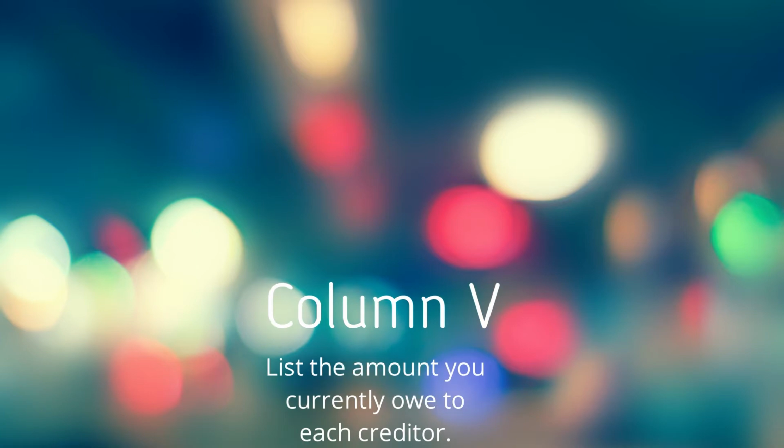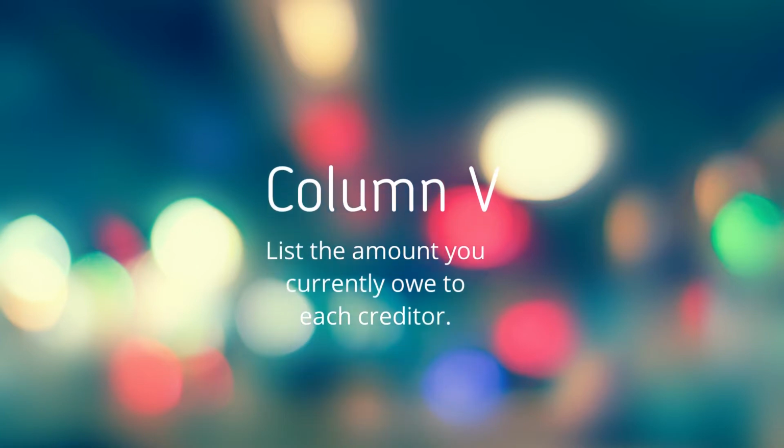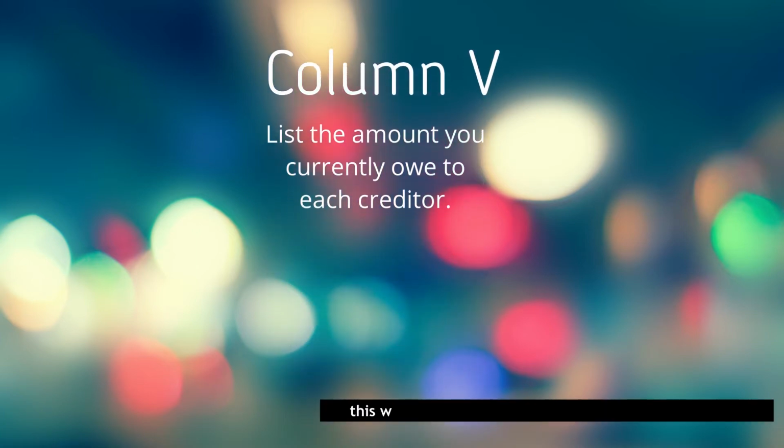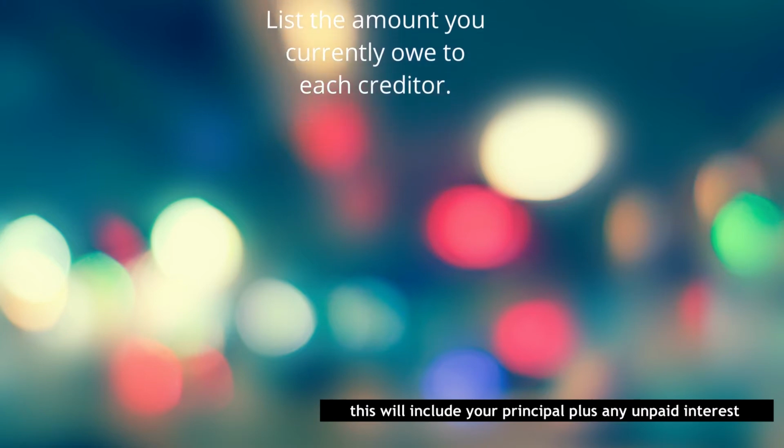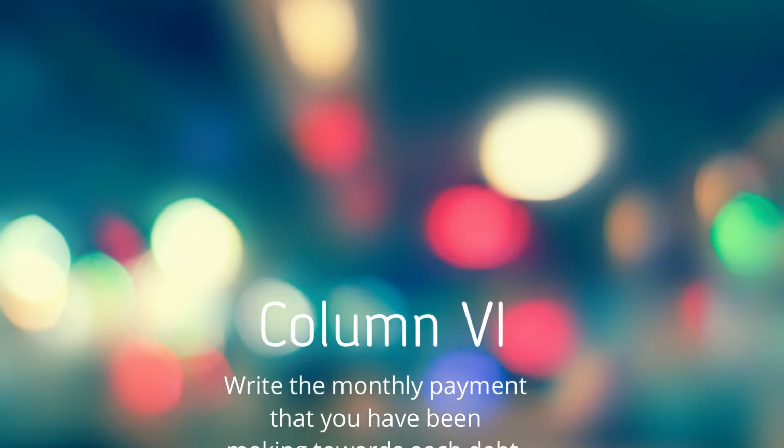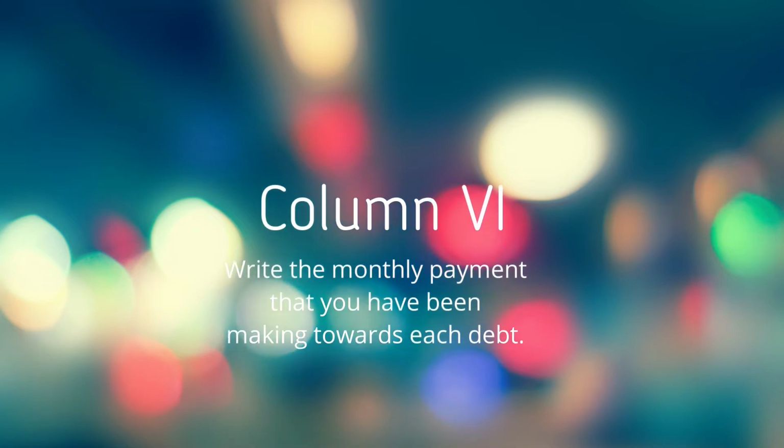Next to the account number, you are going to list the total amount you currently owe to each creditor. This will include your principal plus any unpaid interest that has been building up on the account over time. Beside the total amount owed, you are going to write the monthly payment you have been making towards each of your debts.